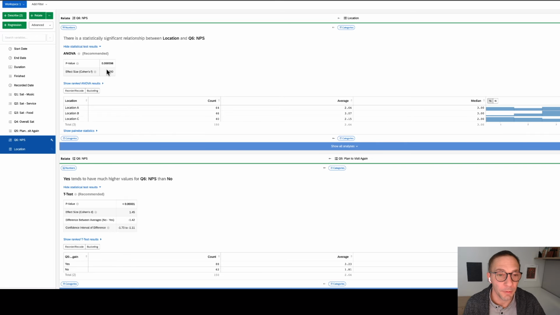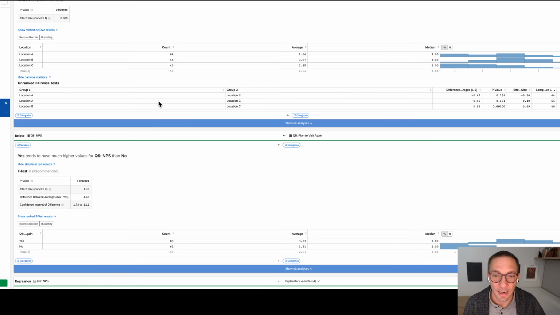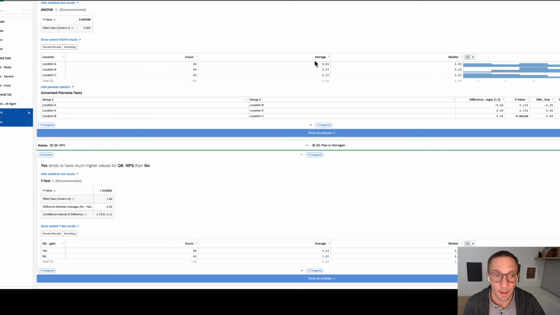We could probably guess it significantly differs from the last place, because that's a pretty significant p-value, but we still can't be for sure until we click here on the pairwise comparison table, and we see that, okay, location B and C, those significantly differ, but the others don't significantly differ from one another. So we see, okay, B and C, the highest and the lowest, these do significantly differ, but location A is somewhere in the middle, and it doesn't significantly differ from B, and it doesn't significantly differ from C.